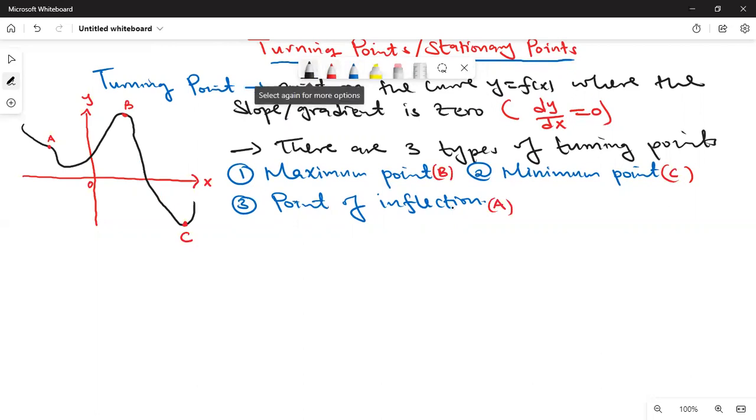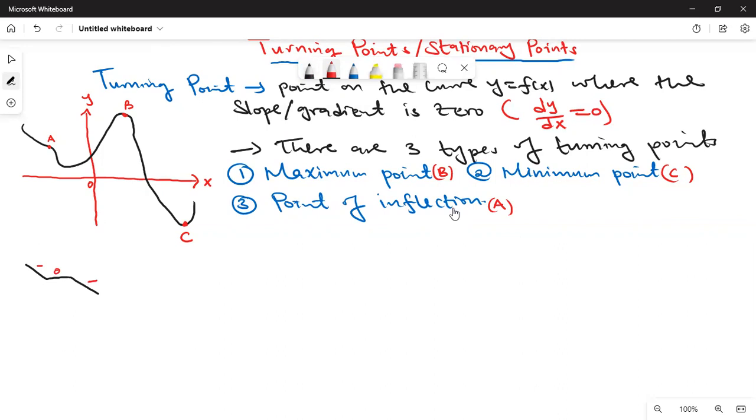You realize that at point A, the curve is sloping down, it levels out, then again it starts to slope down. So when it is sloping down, the gradient is negative. When it levels out, the gradient is 0. When it continues to slope down, the gradient is again negative.